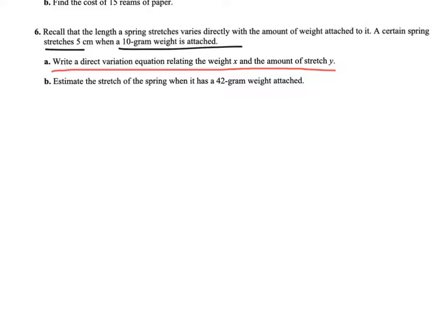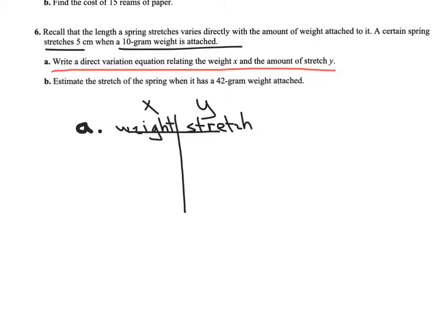So the first thing I'm going to do is set up a table to organize my information. So this is for part A. So on my table, I'm already told that the weight is going to be represented by X. And I'm told that the stretch is represented by Y. And if you're wondering where I'm getting that, it is just from reading this right here.